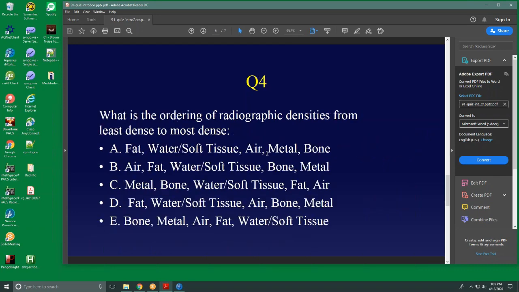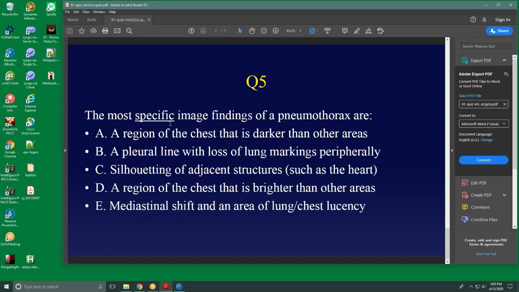That's question 3. Question 4, the ordering of radiographic densities from least to most dense is B: air, fat, water, soft tissue, bone, and metal. Question 5, the most specific findings for pneumothorax are B, the pleural line with loss of lung markings peripherally.